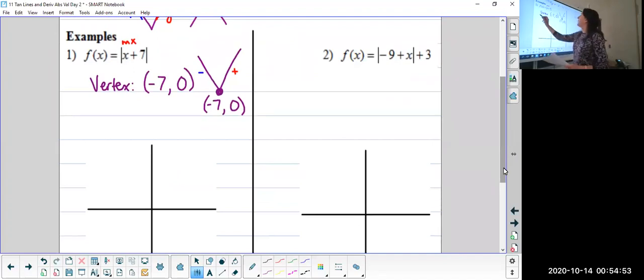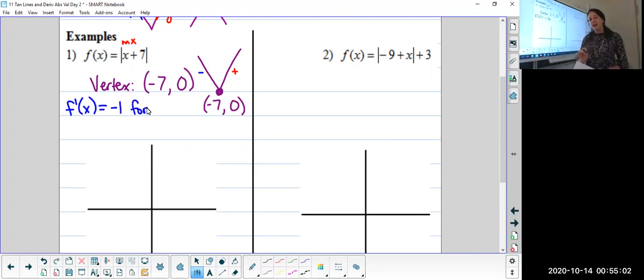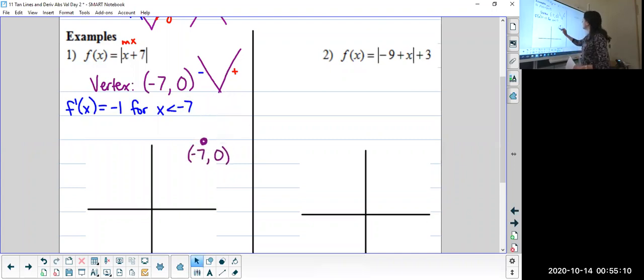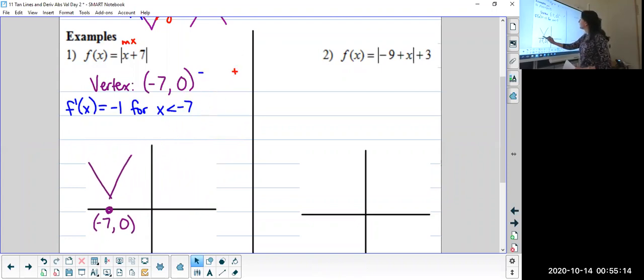We write that up by saying f prime of x equals -1 for the left side. That left side comes from saying x is less than -7.